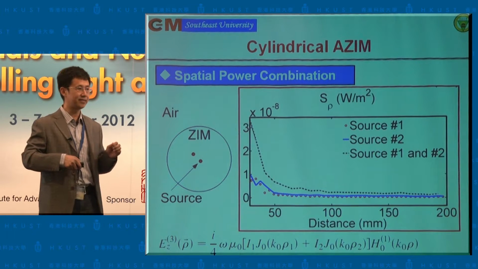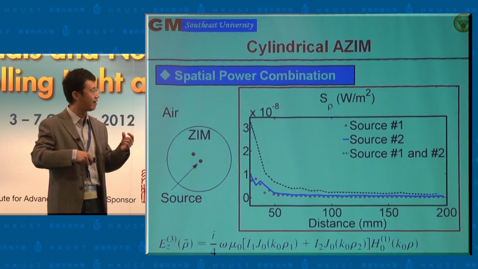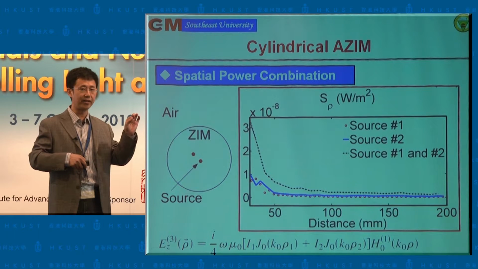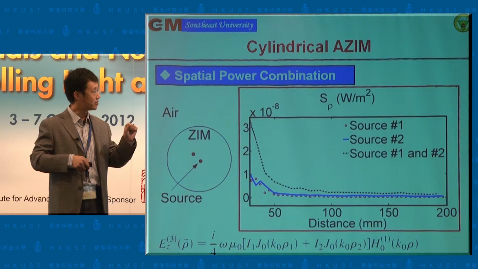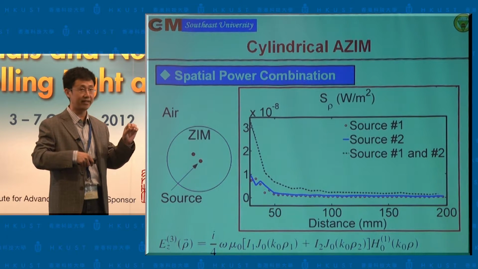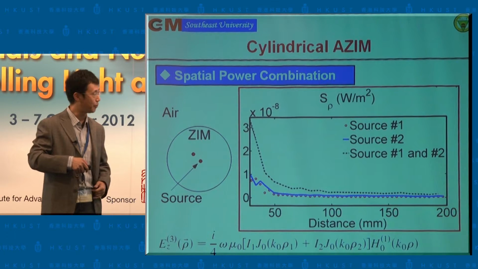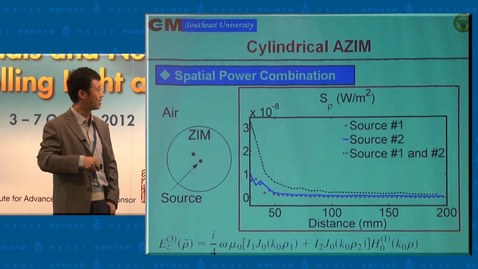This is easy to understand because, as I said, this AZI crushes all sources to the center of the cylinder. If we have two currents radiating simultaneously in the center, then the field will be two times larger and the power will be four times larger. So this measured result verified the conclusion.